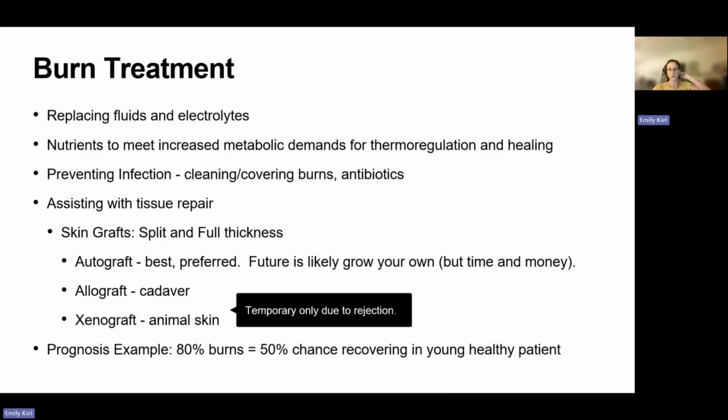My story of skin grafts, and this is for all of our dental students, because I saw we had a few, is I had some gum recession in my gums and they needed to do a graft. So granted, this is not skin, this is mucous membrane, but it can help you remember. Initially, they did a graft from cells that were grown in the lab, not necessarily from a cadaver, but from like a cell line in the lab.